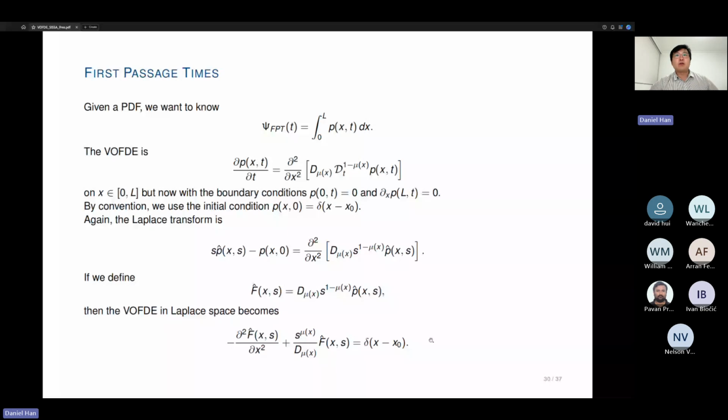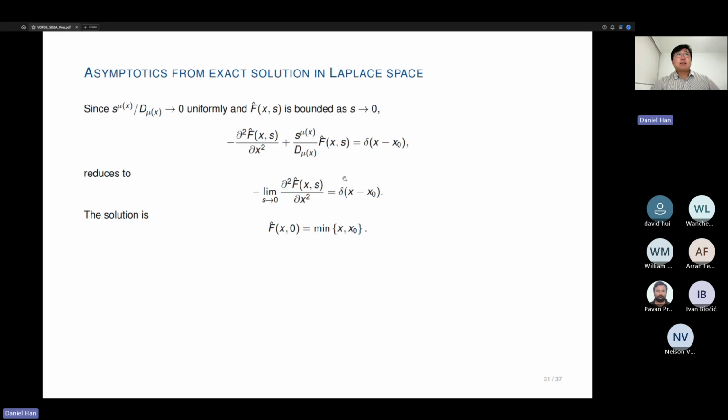It's not completely an ordinary differential equation, but it has derivatives in only one variable. And since in the long time limit I want s to the power of mu x divided by the diffusion coefficient to go to 0, and this occurs uniformly as I take my limit as s goes to 0.